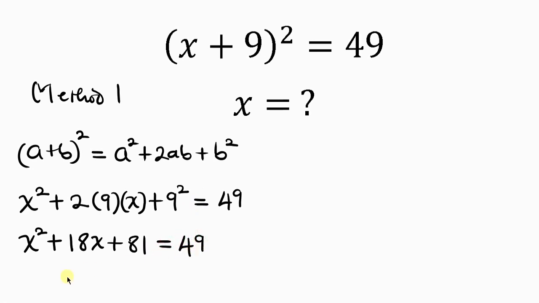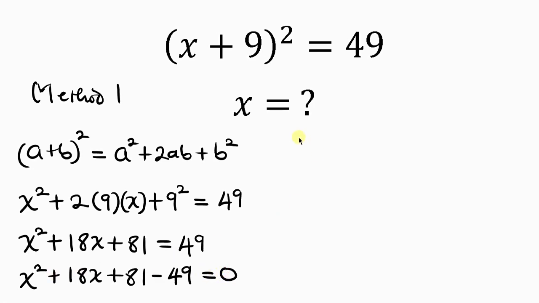Now our next step will be for us to move 49 to the left-hand side. So we have x² + 18x + 81. As 49 crosses to the left, it becomes minus 49, and this is equal to 0.